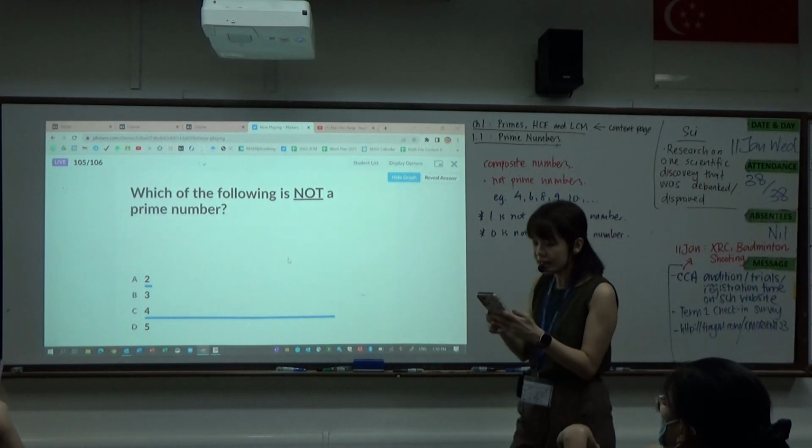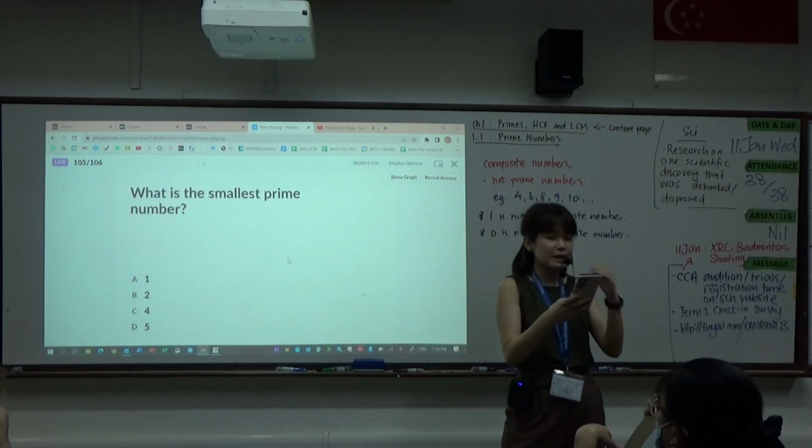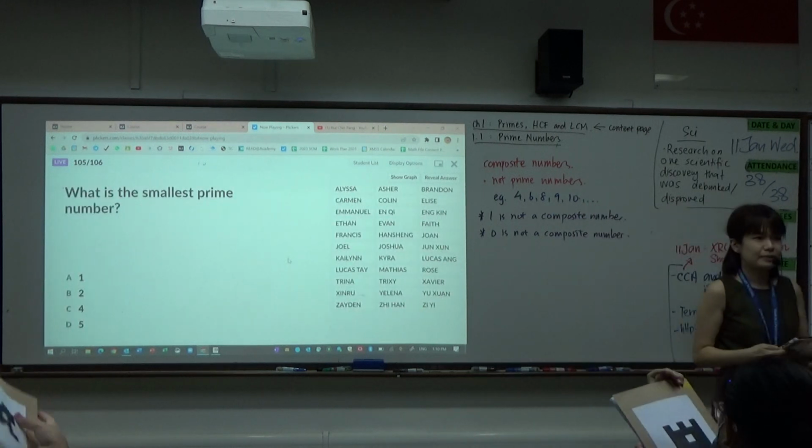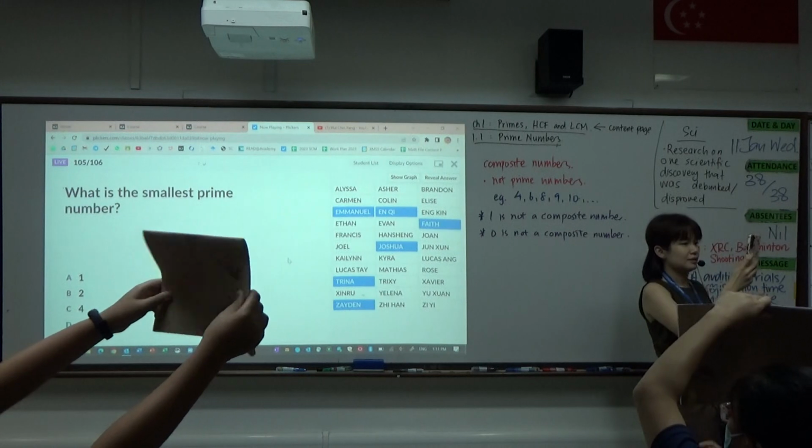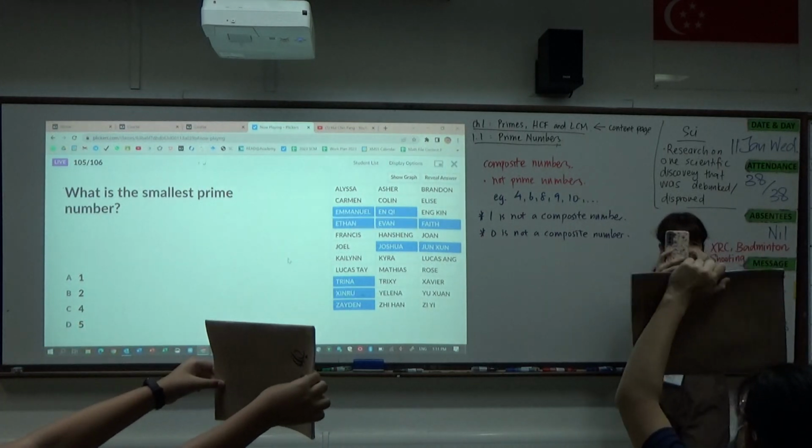Next question. What is the smallest prime number?